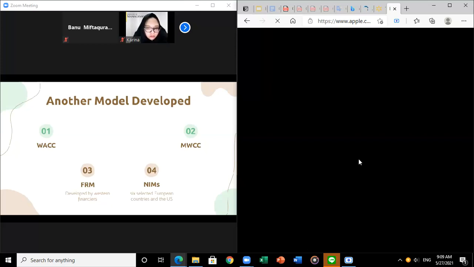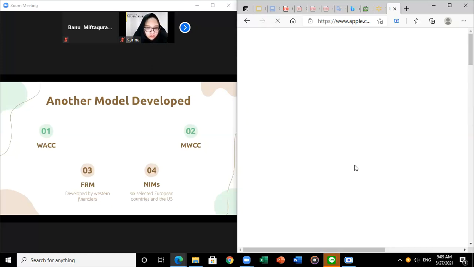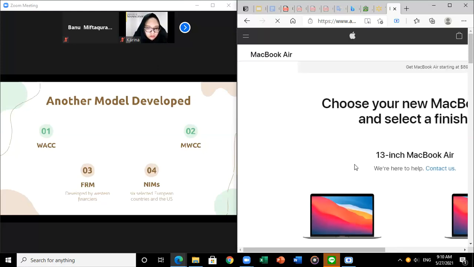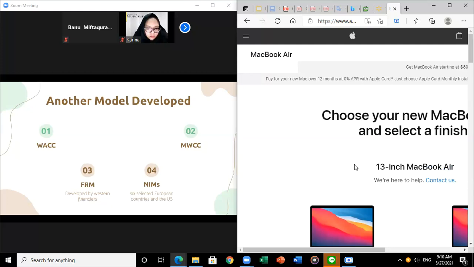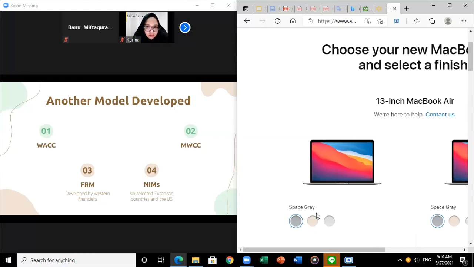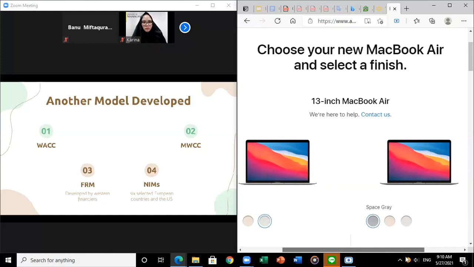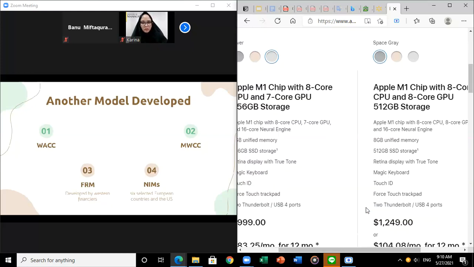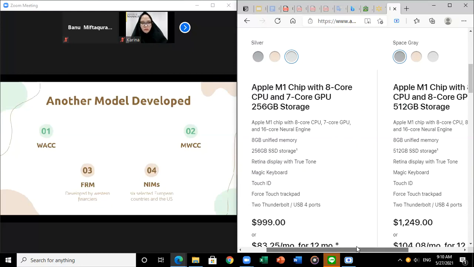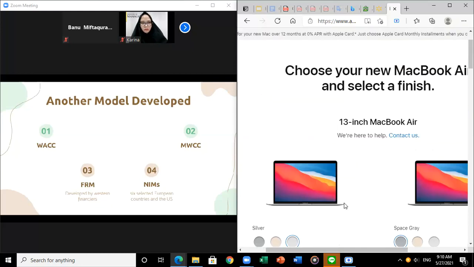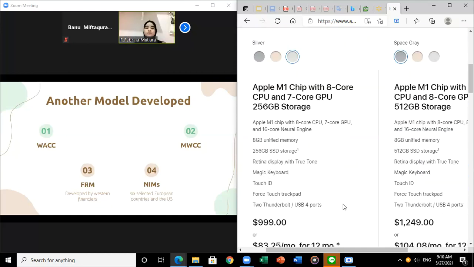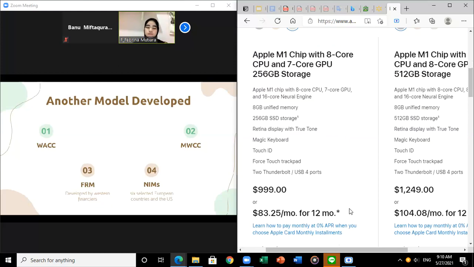So they discuss more about FRMs and NIMs. FRM is a model developed by Western financiers, which is an alternative to the standard fixed rate mortgage. Then there's NIM. NIM in European countries and the US found that the regulatory companies in the form of interest rate restriction on deposit.